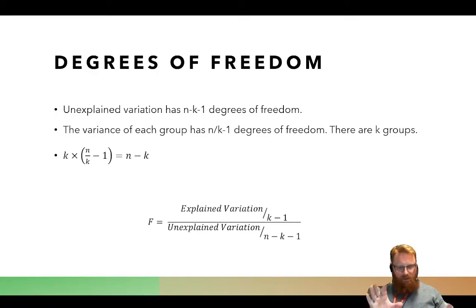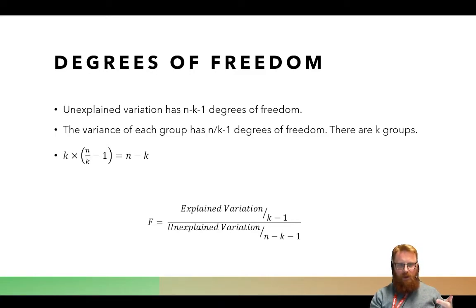Okay, and we can actually explain that pretty closely. The unexplained variance, of course, is just the sum of all of the data points minus their means, squared, all summed up, right? So for each group, how many data points are there in each group?